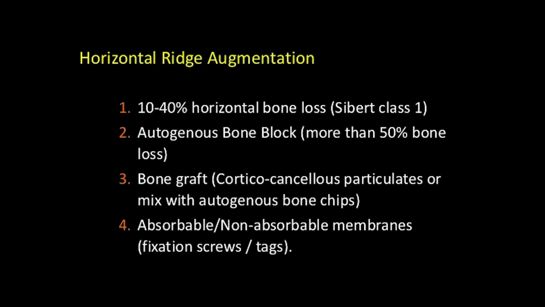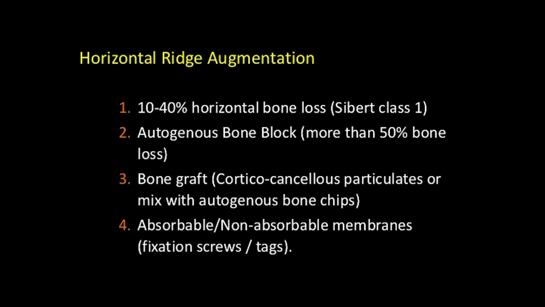The first technique, horizontal ridge augmentation, applies if you have 10 to 40% of horizontal bone loss, i.e. Simplified class 1. In this technique, we can use the autogenous bone block if you have more than 50% bone loss. So autogenous bone block is recommended for horizontal bone augmentation.